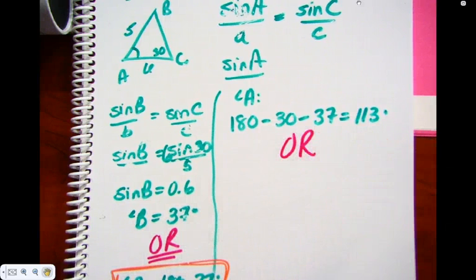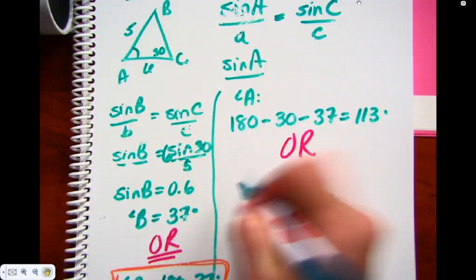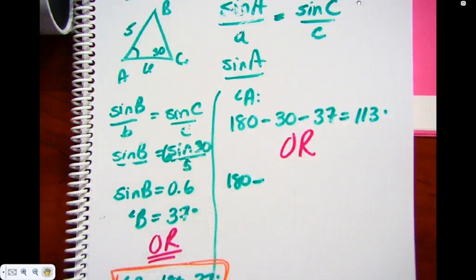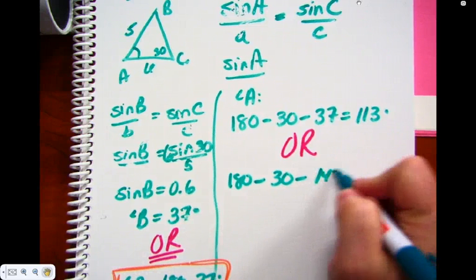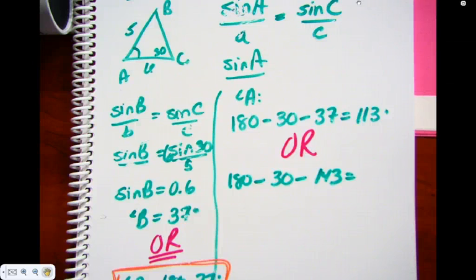Or it could be 180 minus 30 minus 143, which is 7.